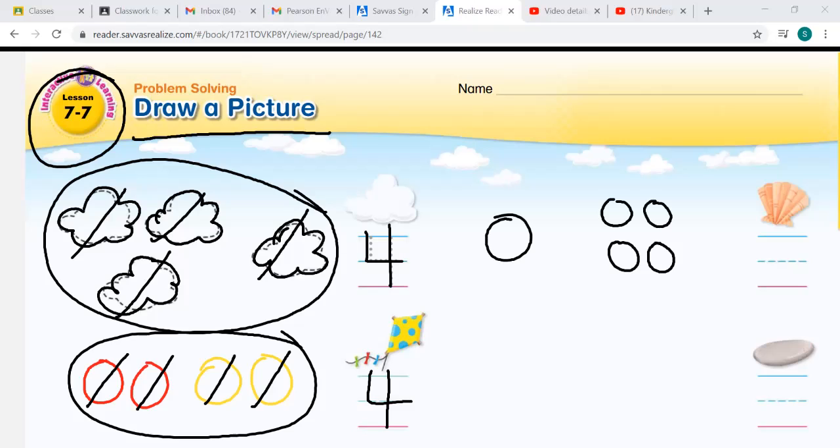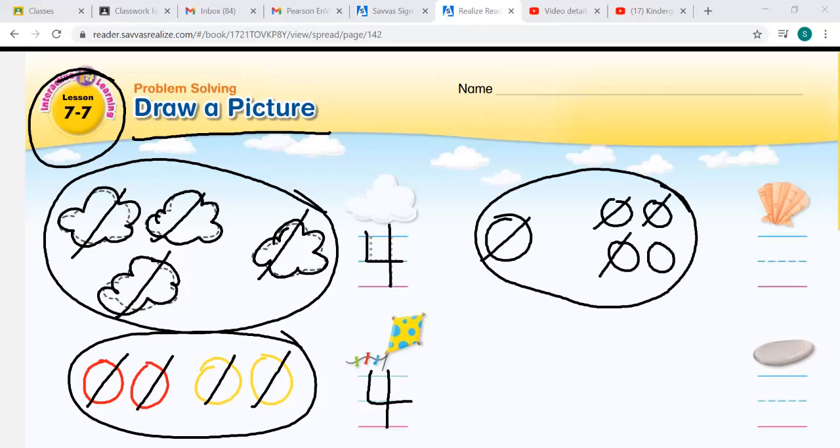So how many shells are there all together? We're going to join them and count 1, 2, 3, 4, 5. There are 5 shells all together.